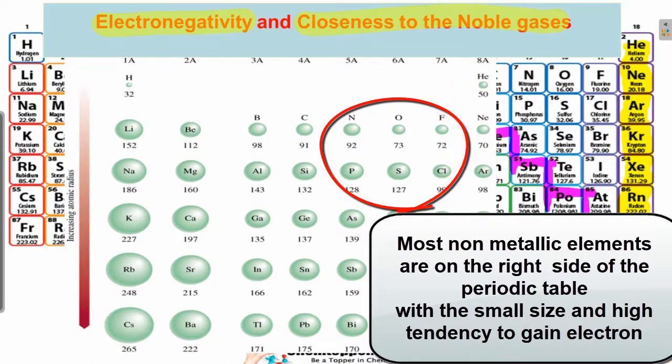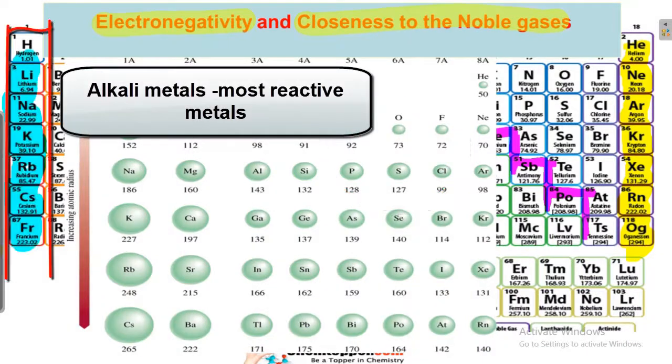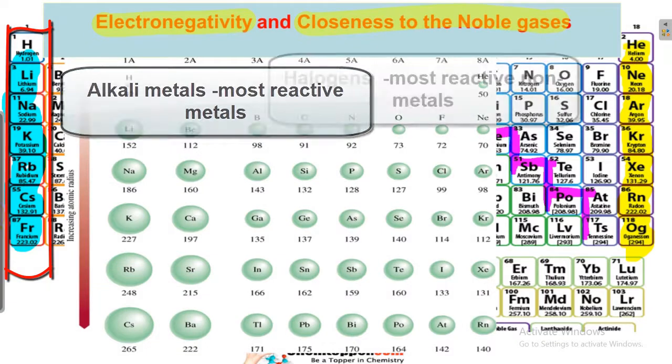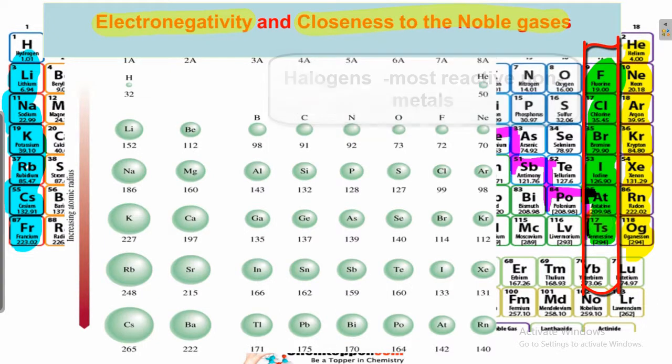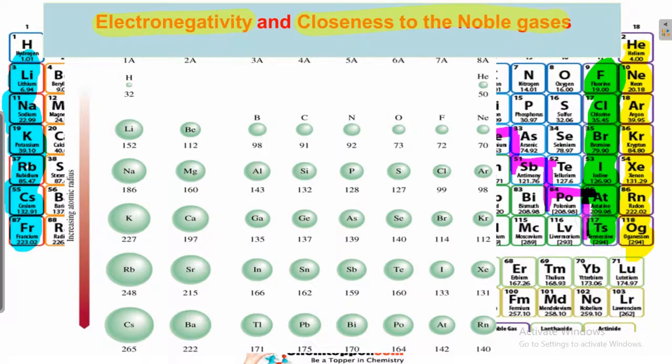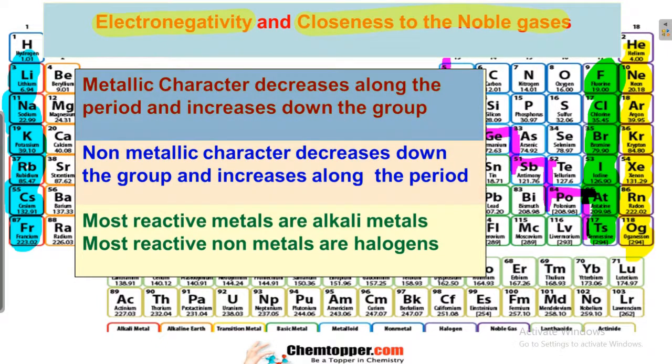So alkali metals, which are the most reactive metals, are on the left, and seventh group halogens are on the right, which are the most reactive non-metals. So in general, we can say non-metallic character increases along the period as the atomic size decreases, and metallic character increases down the group as the size increases.